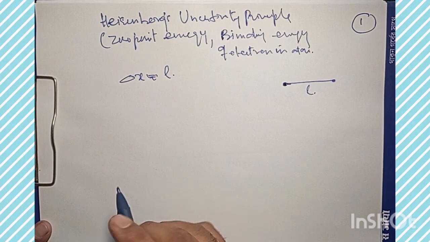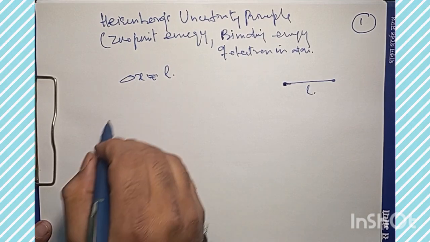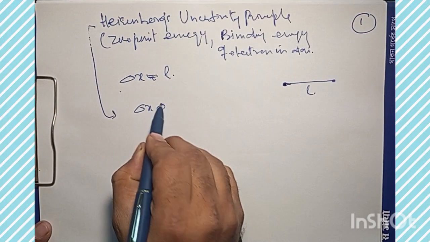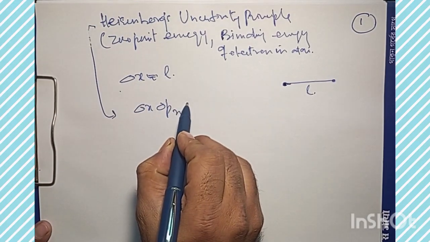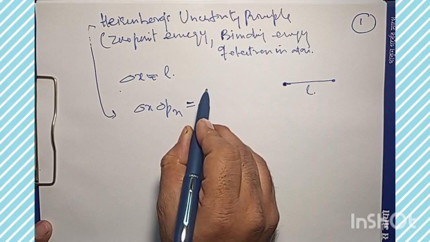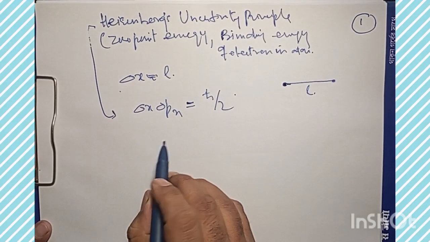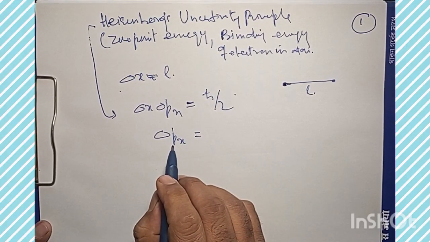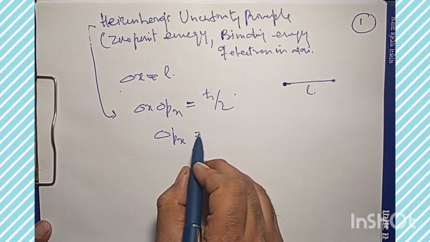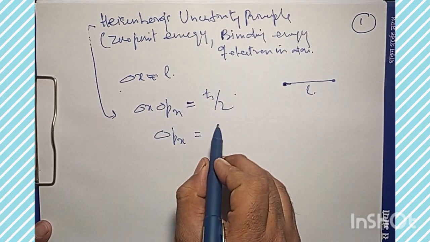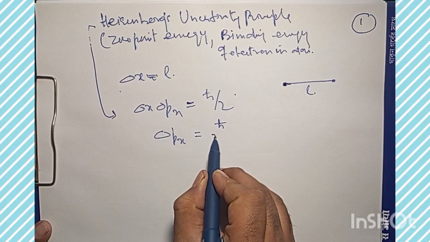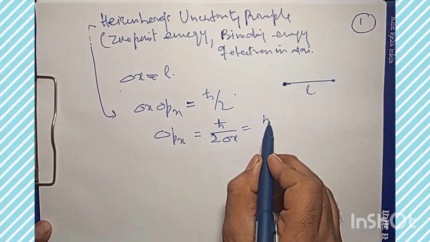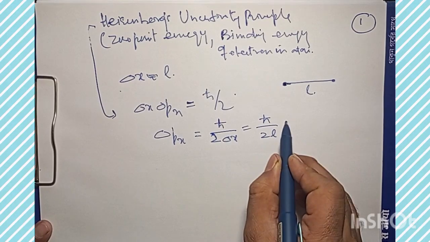Now, according to the uncertainty principle, delta px is nearly equal to h bar by 2. In this case, I'm going to calculate the momentum of this particle in this one-dimensional box, and that's going to be h bar by 2 delta x. So that's going to be h bar by 2L.